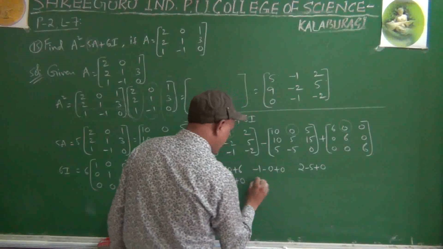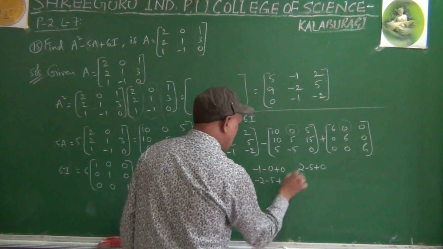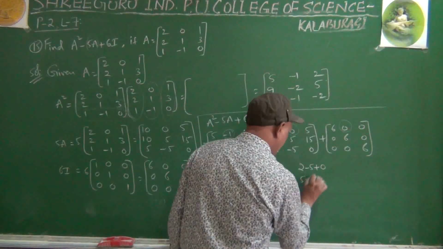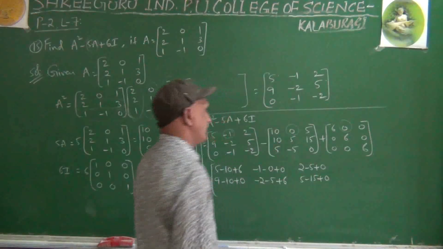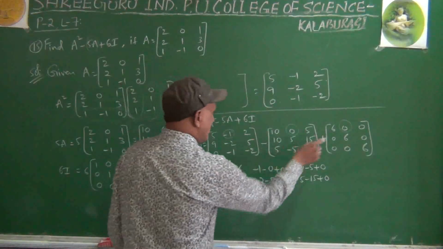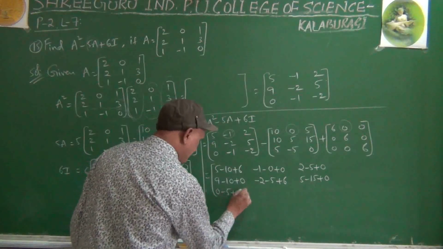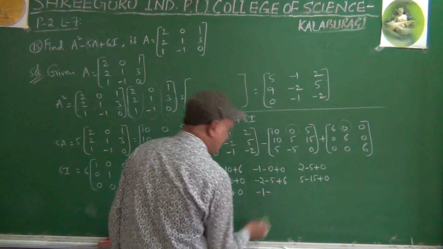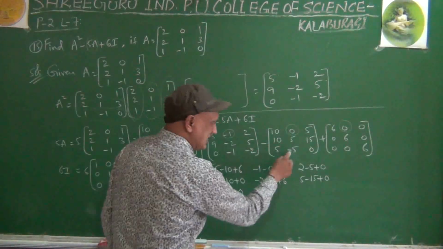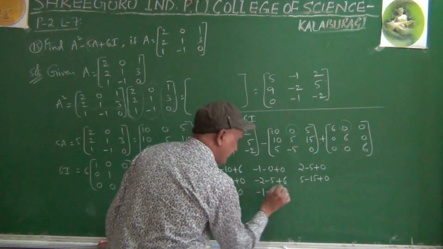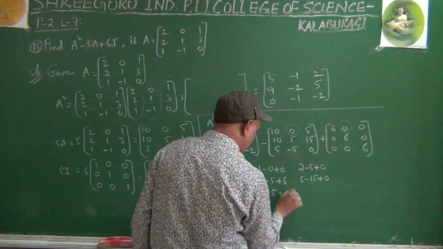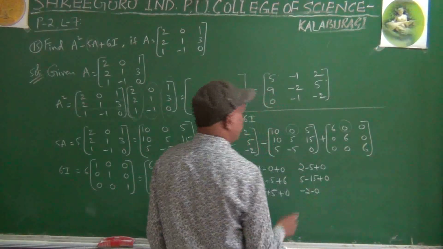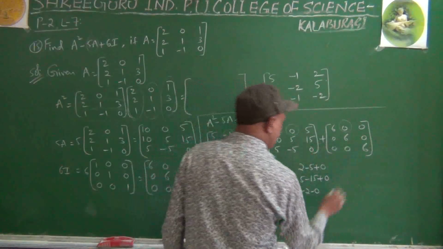Minus 2 minus 5 plus 6. 5 minus 15 plus 0. 0 minus 5 plus 0. Minus 1 minus 1 minus 5, this minus becomes plus. Minus 2 minus 0. Minus 2 minus 0 plus 6.